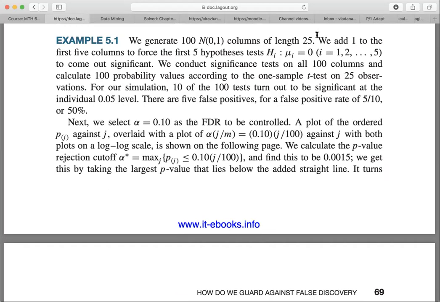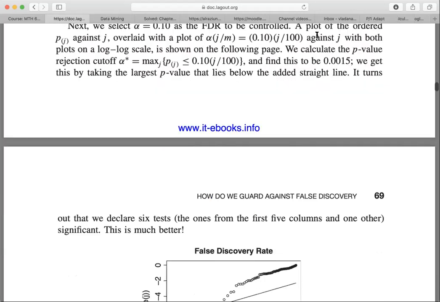Next, we select alpha equals 0.10, and then alpha times j over m equals 0.10 times j over 100. We calculate the p-value rejection cutoff to be alpha star equals max of j such that p of j is less than or equal to 0.1 times j over 100. We find this to be 0.0015.